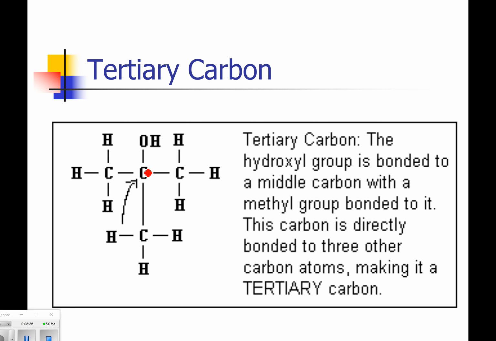The tertiary carbon is going to be bonded to 3 other carbons. So basically, the hydroxyl group is bonded to the middle carbon with a methyl group bonded to it. The carbon is directly bonded to 3 other carbon atoms, making it a tertiary carbon.